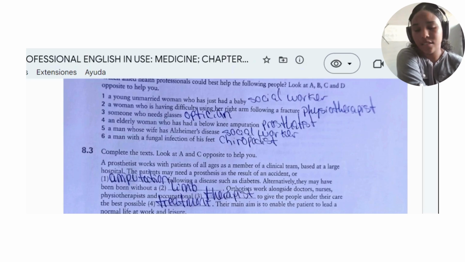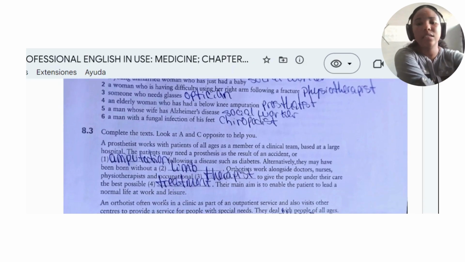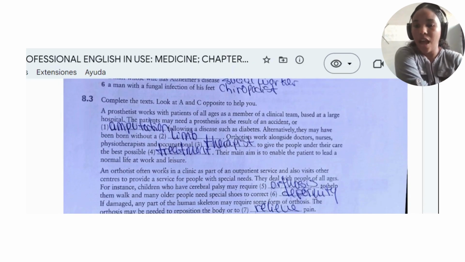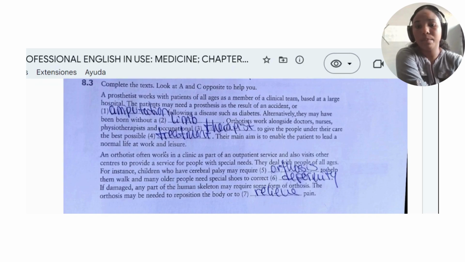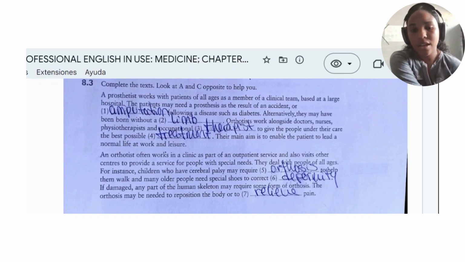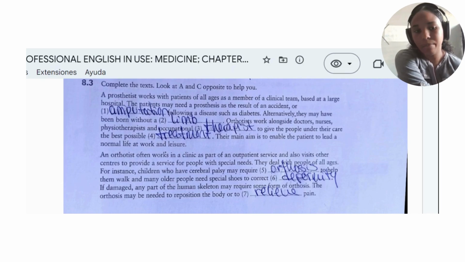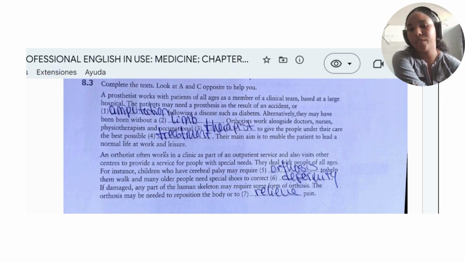Complete the texts. Look at A opposite to help you. A prosthetist works with patients of all ages. As a member of a clinical team based in a large hospital, the patients may need a prosthesis as a result of an accident or amputation following a disease such as diabetes.